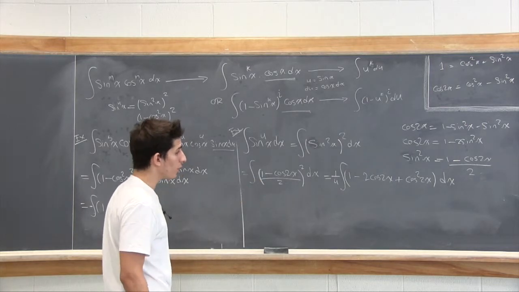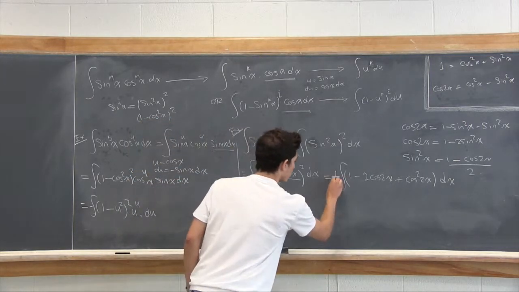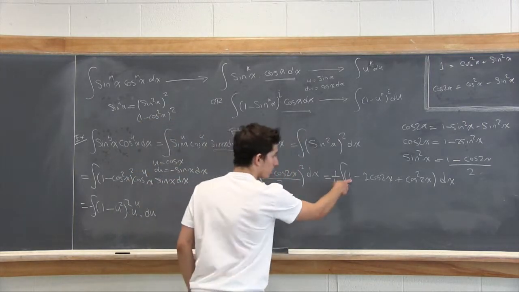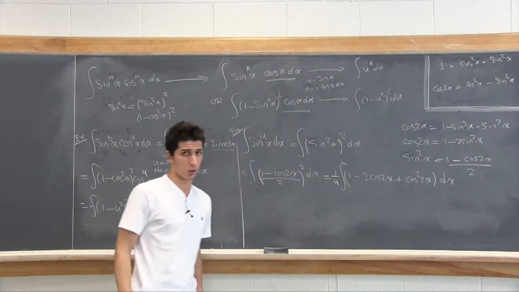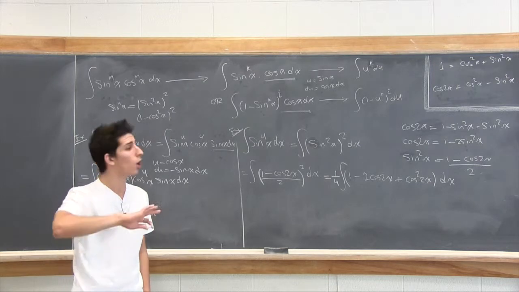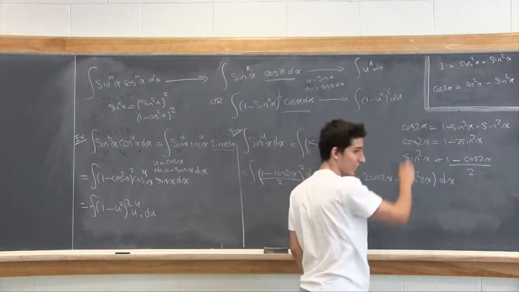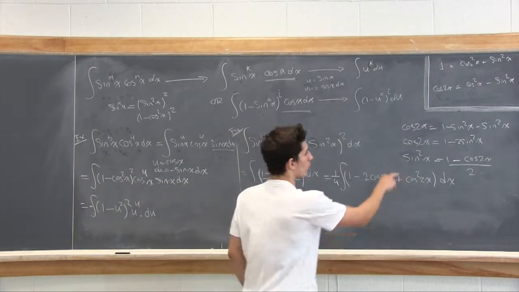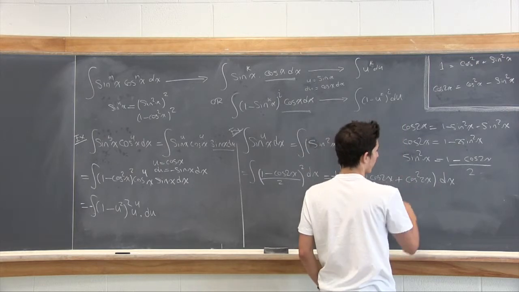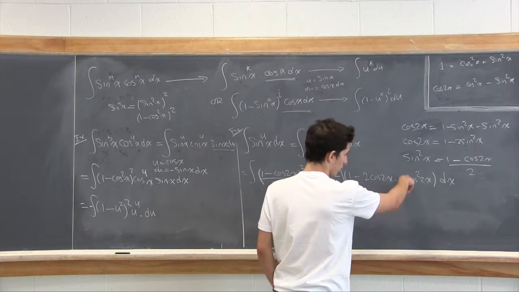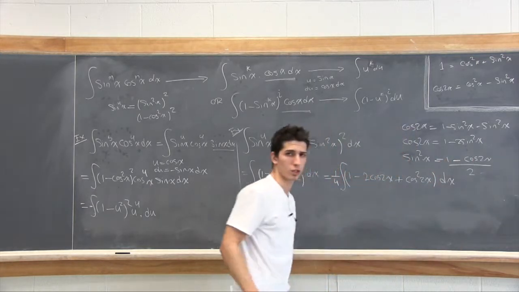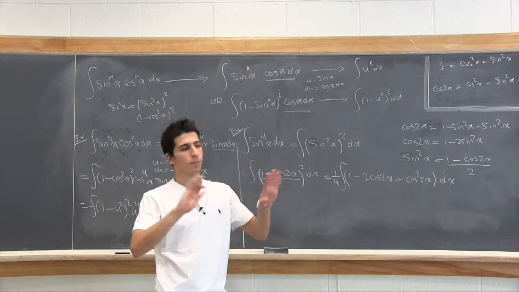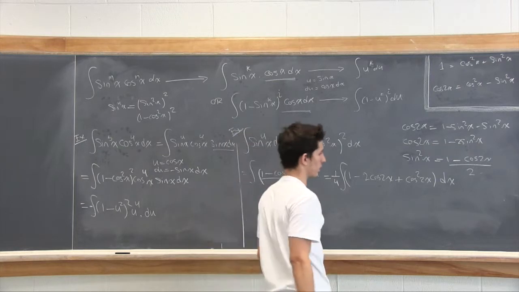But the point is I can do this. This is a 1/4. So I can integrate this. I can integrate this. I don't know how to integrate that one, though. But it's easy. All you got to do is this whole procedure again. Except now we don't have to rederive the double angle formula for cosine squared. We just know it's going to be (1 plus cosine 2x) over 2, just because of the symmetric nature of sines and cosines.